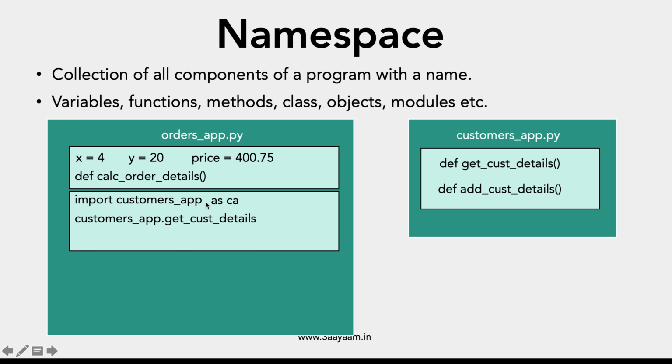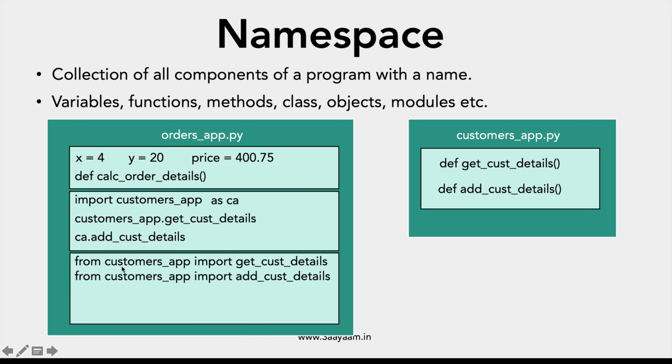And if I use, let's say, an alias like as CA, which is customer app, I can use the alias ca.add_customer_details. But again, the point remains the same. The customers_app has been loaded in its own namespace, which is separate, if we use just the import command.